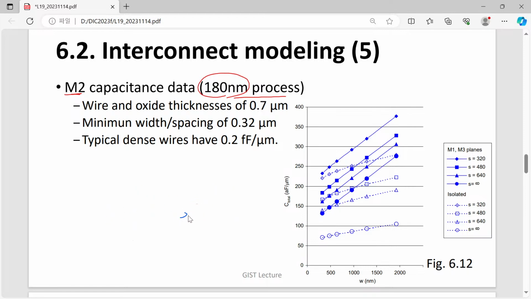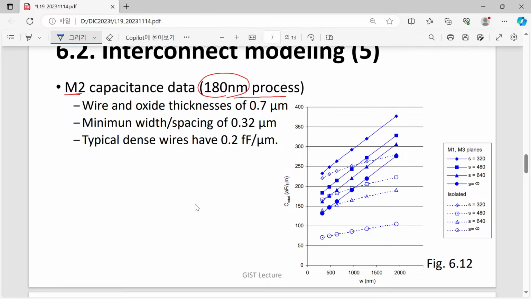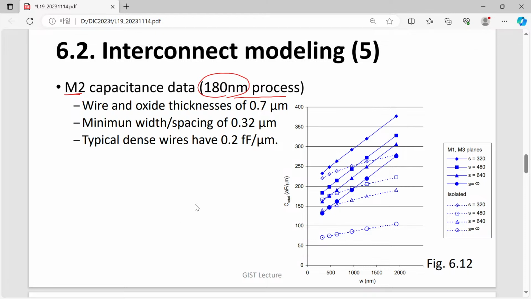By simple hand calculation, estimating this capacitance is not possible. So nowadays we must have certain computer programs to extract the capacitance.